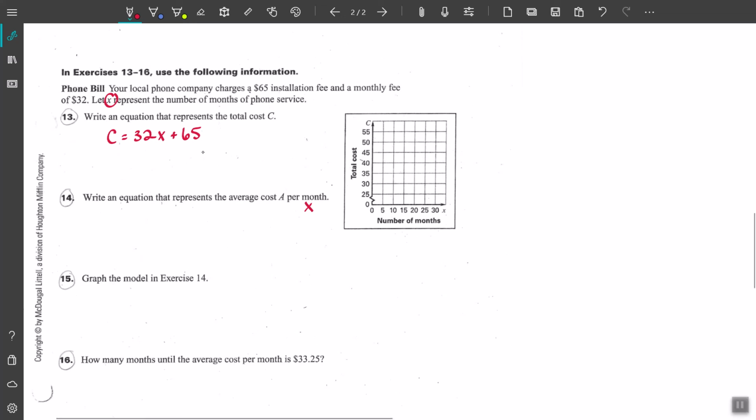This linear function here represents the total cost, and if we're going to average it out per month, then we will take that total cost and divide it by the number of months that we actually have the service. So to put it in more simple terms, we're taking the total bill, which right now is represented by that function 32x + 65, and we're going to divide it by the number of months.